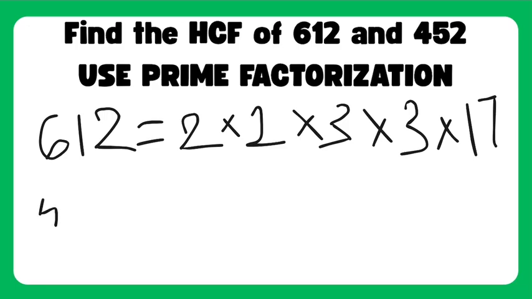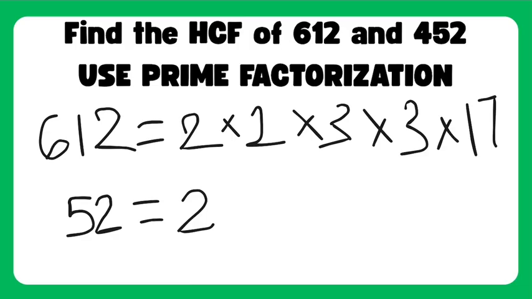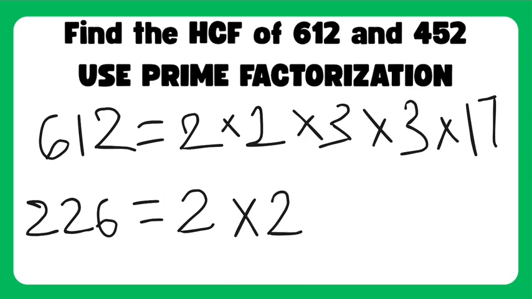Now we can move on to 452, which is equal to, we can obviously divide it by 2, and that will be giving us 2 here and 226 here. Now we can divide this by 2 again, so times 2, that will be giving us 113. So 113.